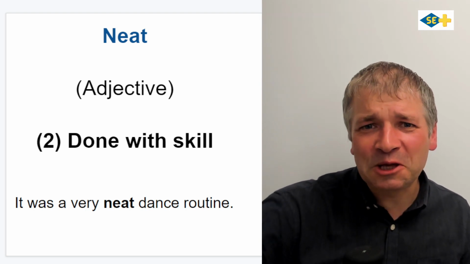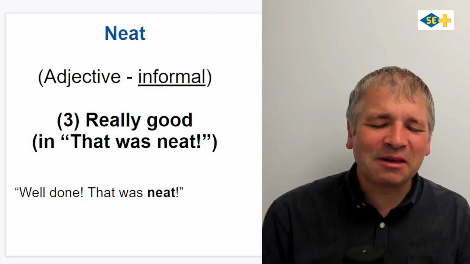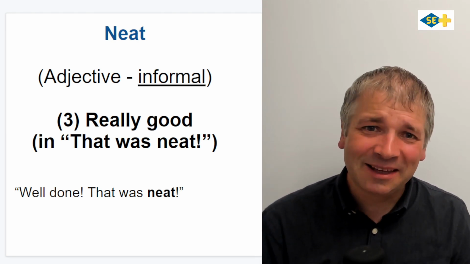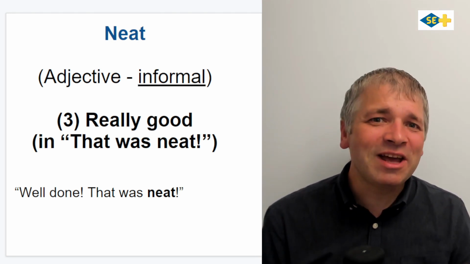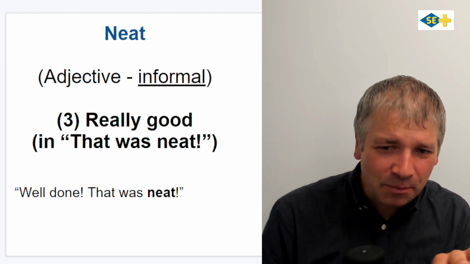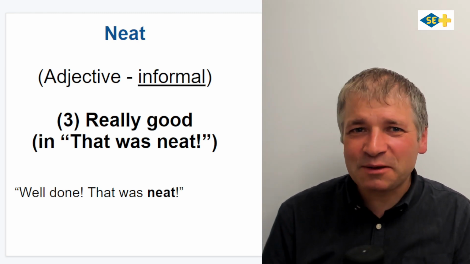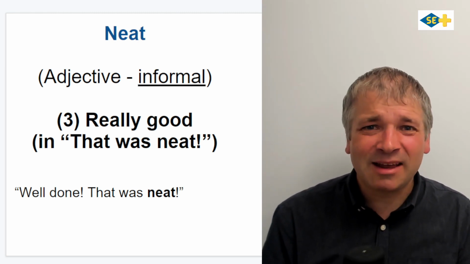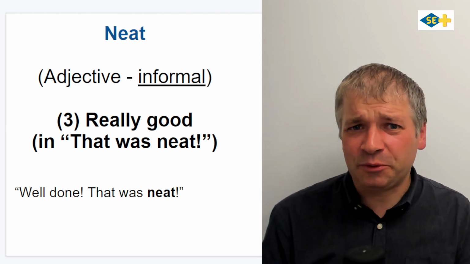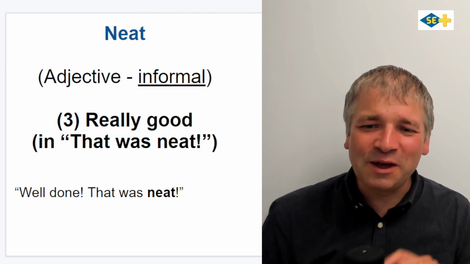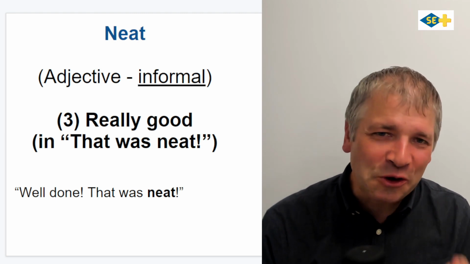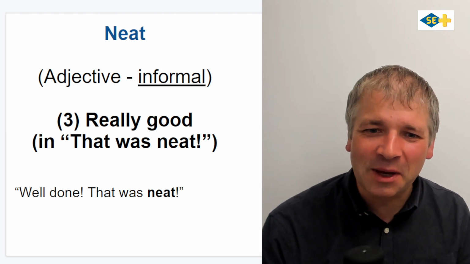Now, the final use is a use that's come in informally into very general everyday English. So the previous two examples are the examples you could use in academic, business, professional situations. But this one's not. This is informal, but it's good for you to know so that you don't get confused if you hear it.